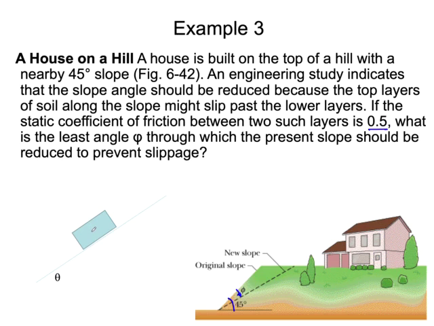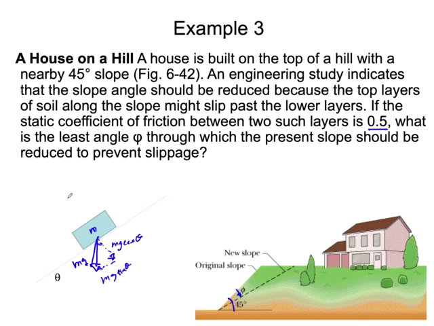Well, let's just take a look at this mass right here. Force of gravity, of course, is mg. If we break that into its vertical and horizontal components, you'll get this downward component, with theta up here, which is mg cosine theta, and this piece down here, mg sine theta.